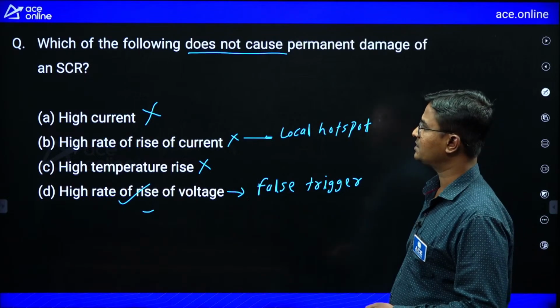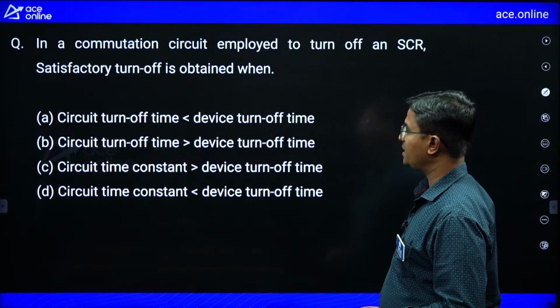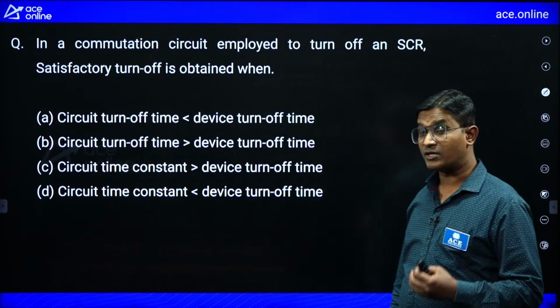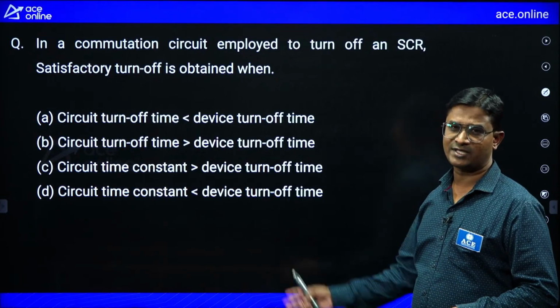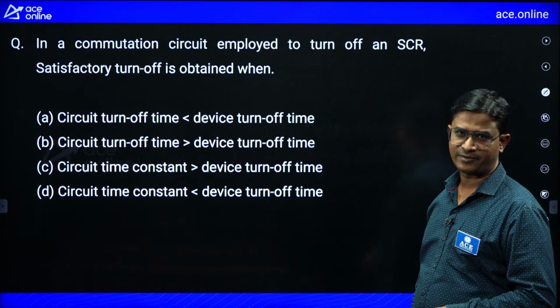All right. Next, in a commutation circuit employed to turn off an SCR, satisfactory turn off is obtained when? Yes, for satisfactory or successful turn off, successful commutation of SCR, what is the required condition? Circuit turn off time and device turn off time they are asking.